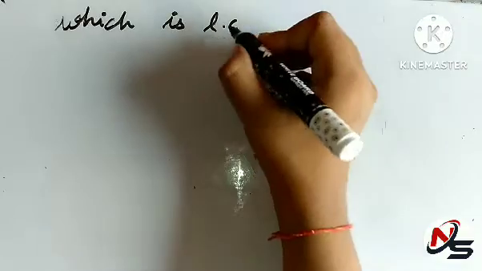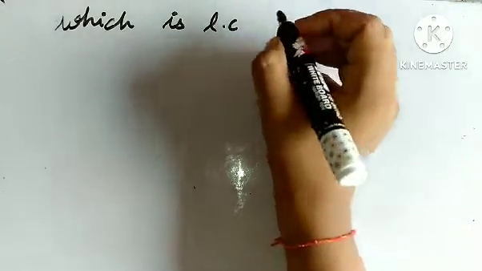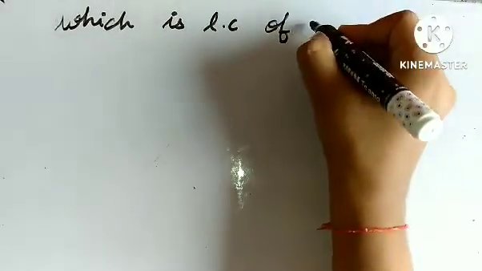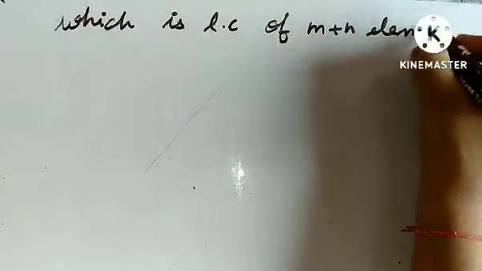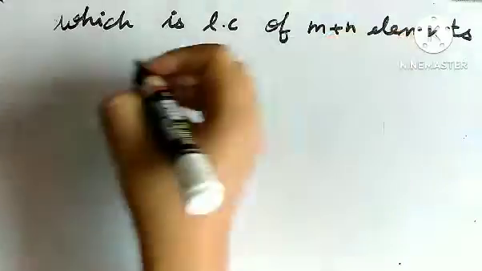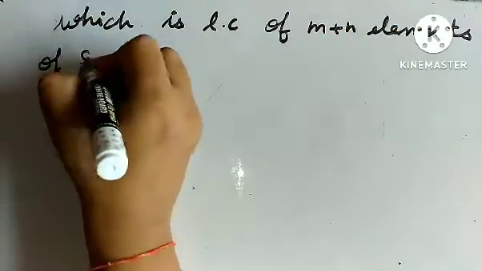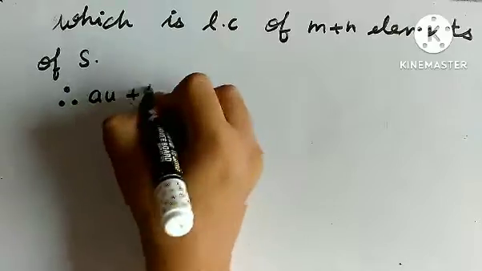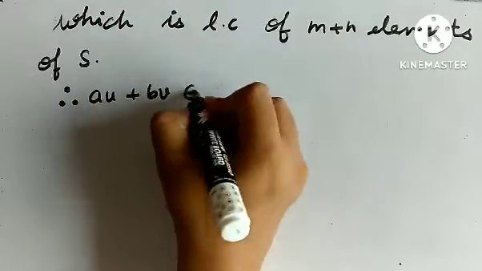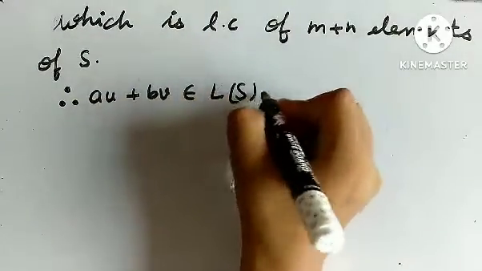LC means linear combination, we will write it in short as LC, of m plus n elements of S. Therefore au plus bv belongs to L(S).